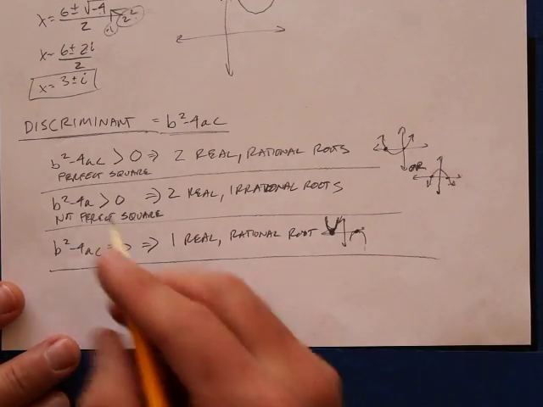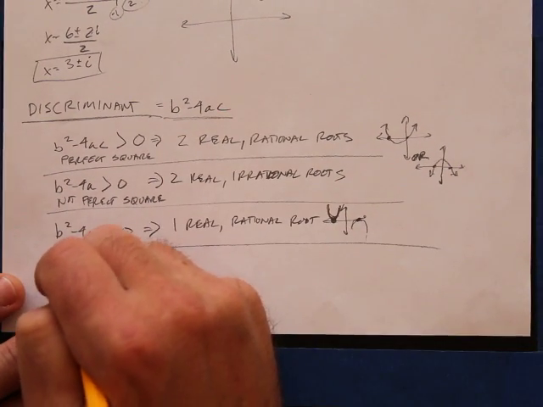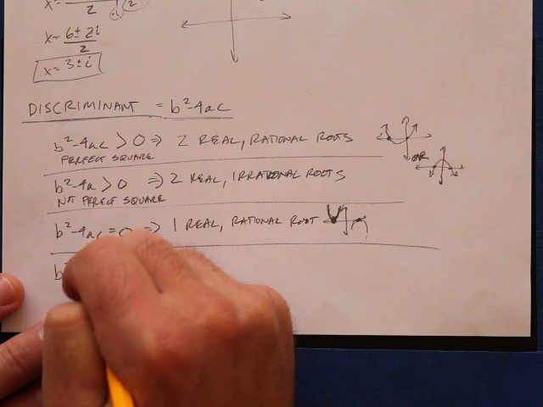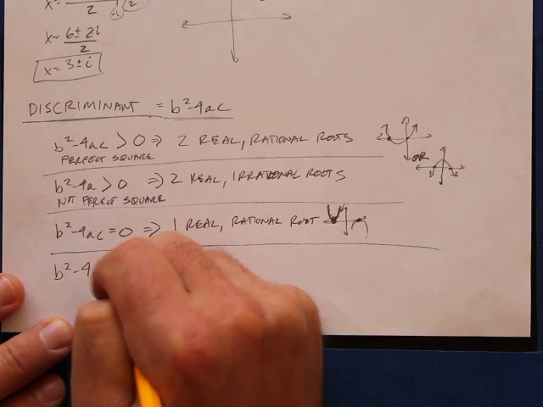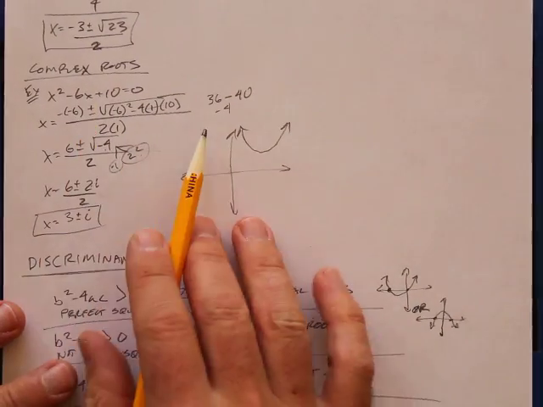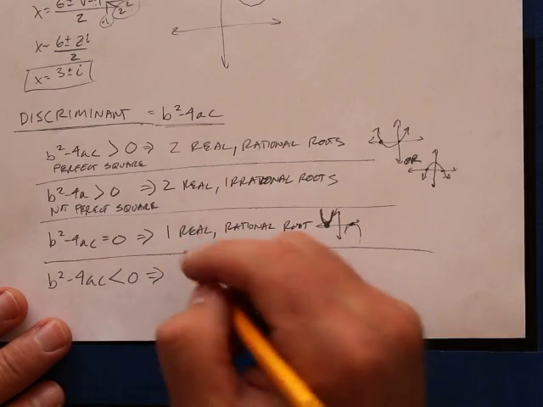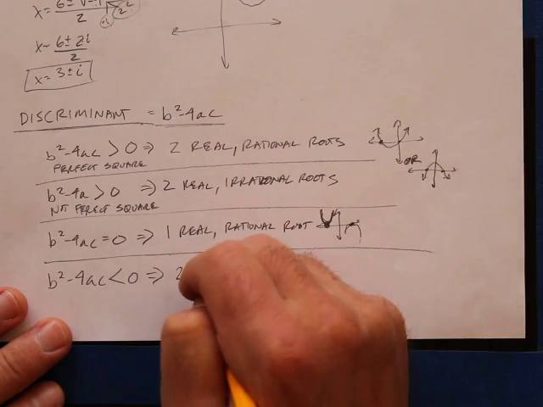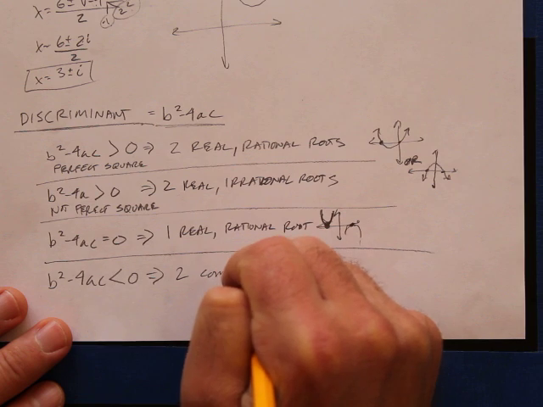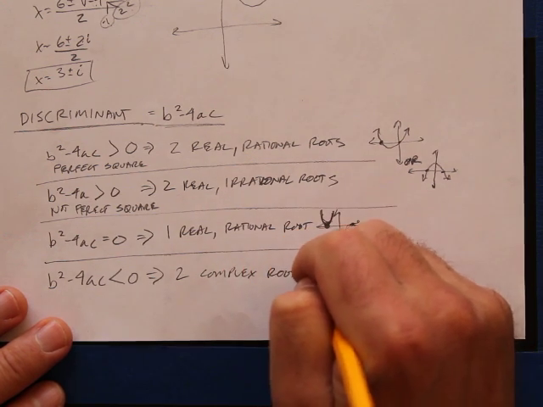And the last outcome of the discriminant would be if b squared minus 4ac is less than 0. And that's the last one that we looked at here, the complex roots. Notice how I have -4 as my discriminant. So if it's negative, then I'm going to end up with 2 complex roots, meaning I'm going to have an i involved.